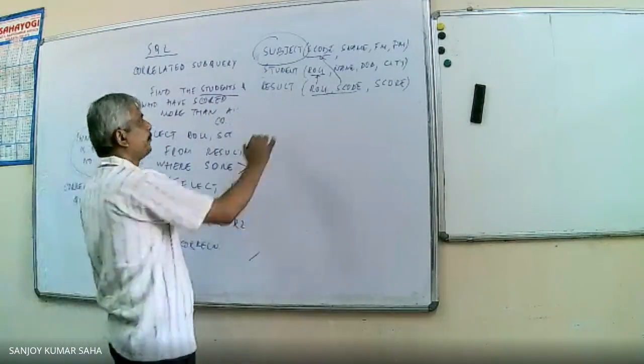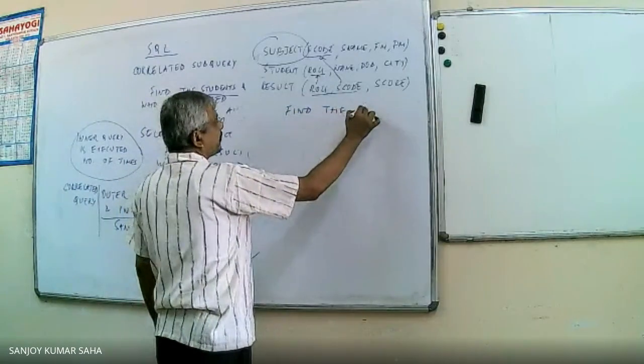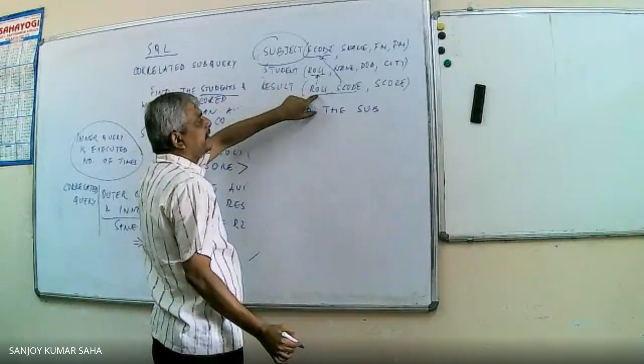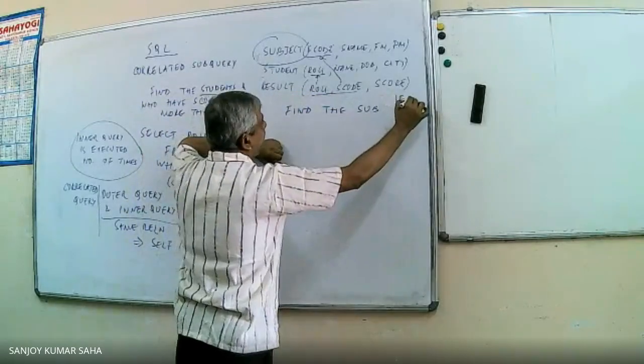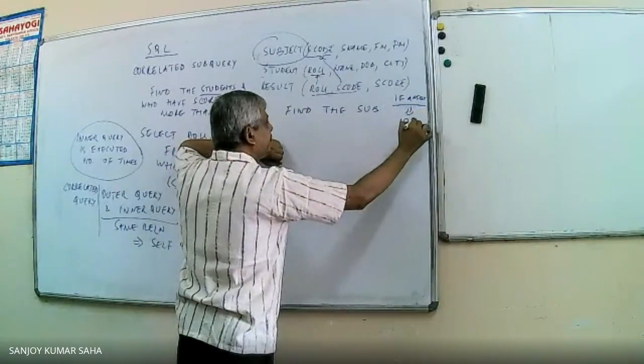Suppose we want to find the subjects. I'm assuming for every student, for every subject, score is there. So if somebody is absent, then there is an entry with null.